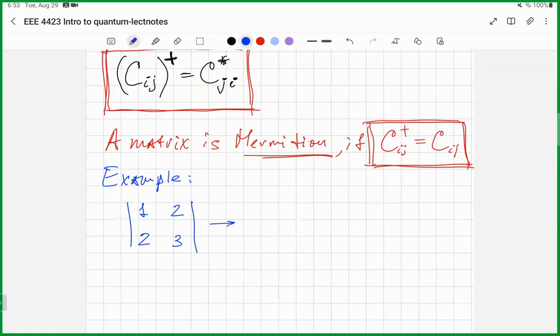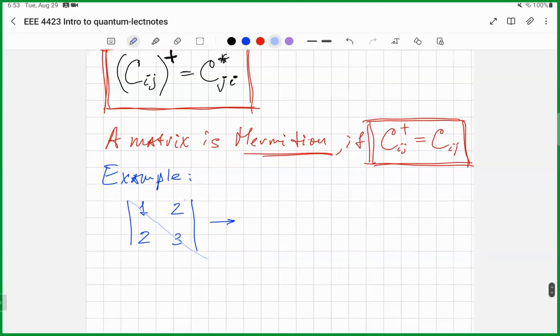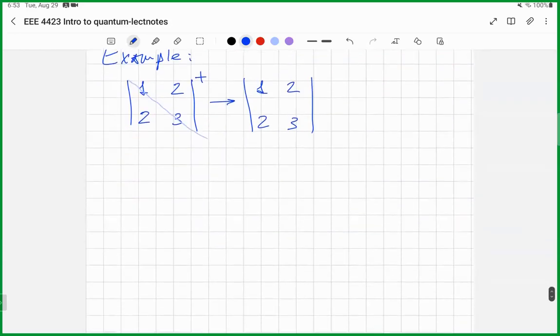And when you transpose, you rotate this matrix around the main diagonal. So 2 becomes 2, and nothing changes. So this matrix after Hermitian conjugation becomes 1, 2, 2, 3. Okay, but this is trivial.